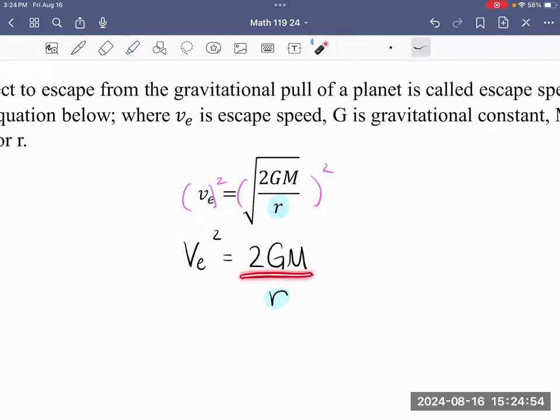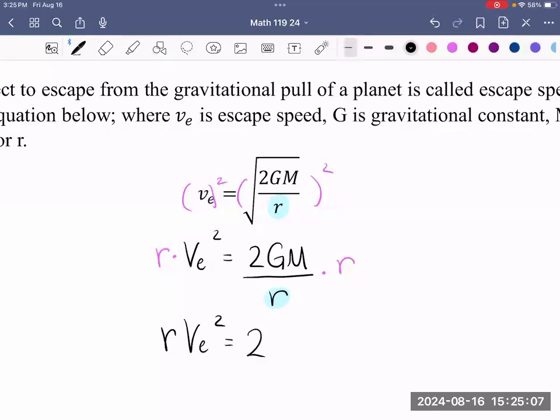Well, if it's doing the dividing, what is the opposite of division? Multiplication. So we can go ahead and multiply R to both sides.